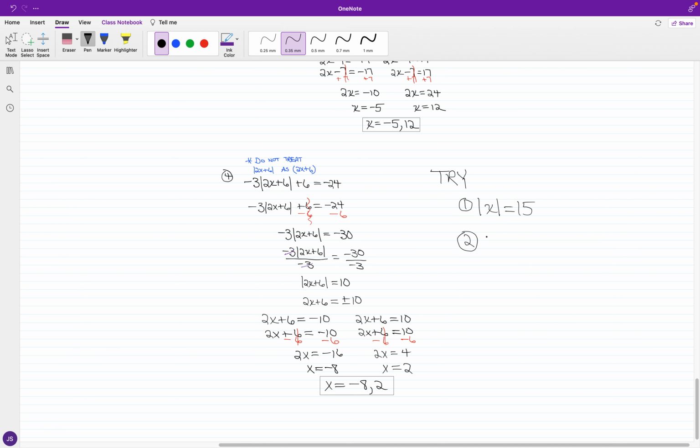Then we have the absolute value of 2x is equal to 22. And in the remaining case, we have negative 4 times the absolute value of 2x minus 2 plus 10 is equal to negative 54.